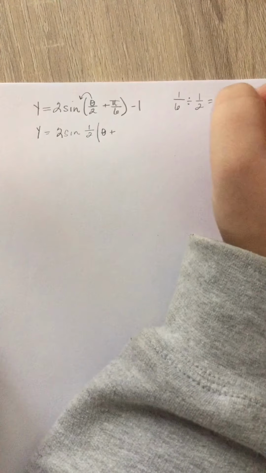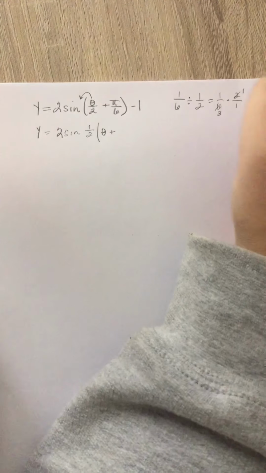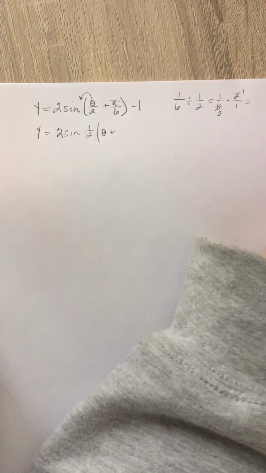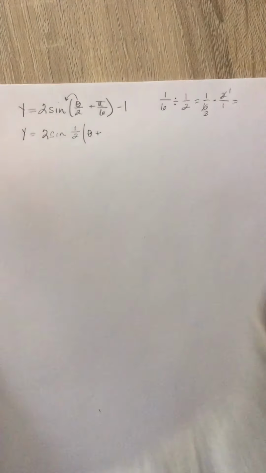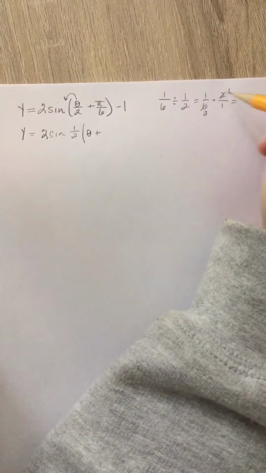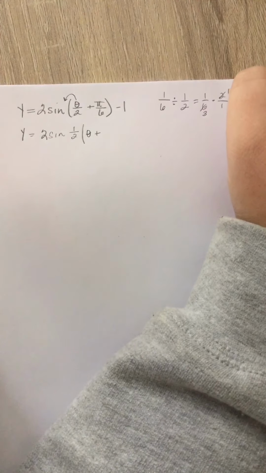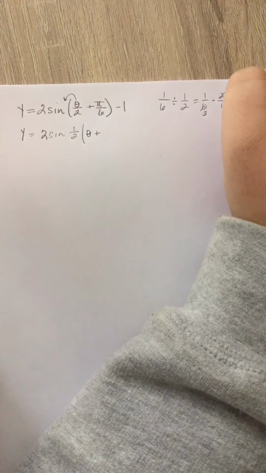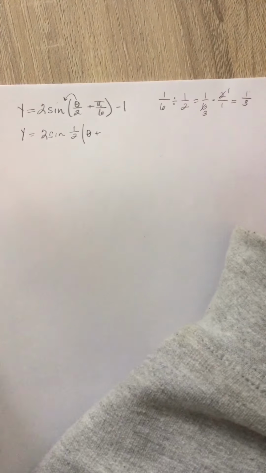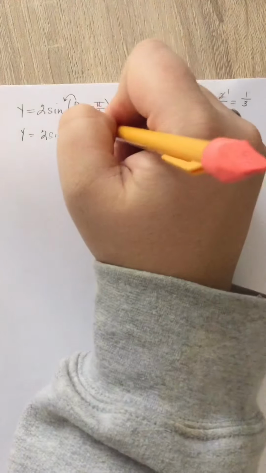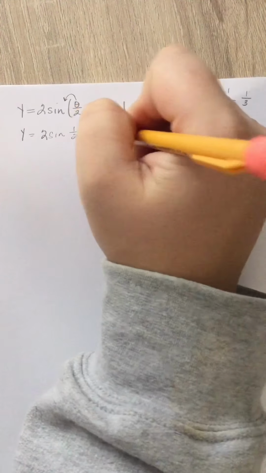So you can cross simplify. This would become a 3, this would become a 1, because the GCF between 6 and 2 is 2. When you multiply fractions, you just multiply straight across. So you have 1 over 3. Okay? So this now becomes theta plus pi over 3, minus 1.